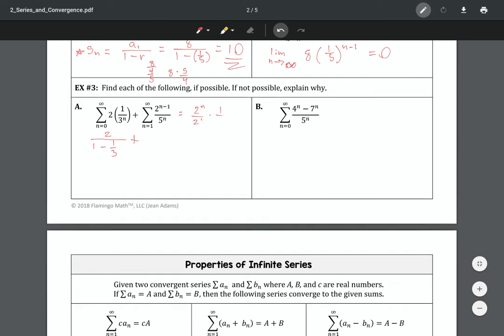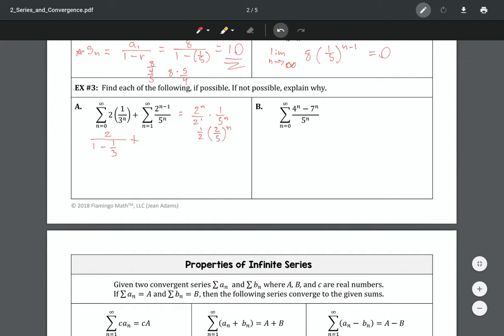Times 1 over 5 to the n. So I could also rewrite this as 1/2 times 2n over 5 to the n, but I can write it like that instead.